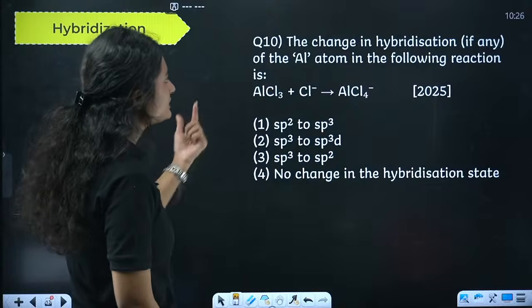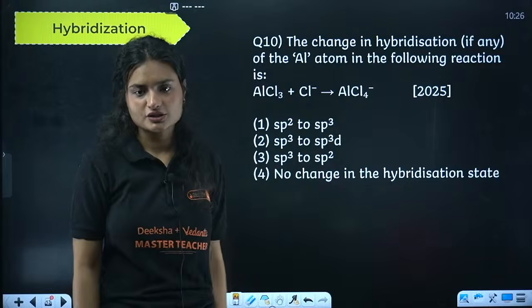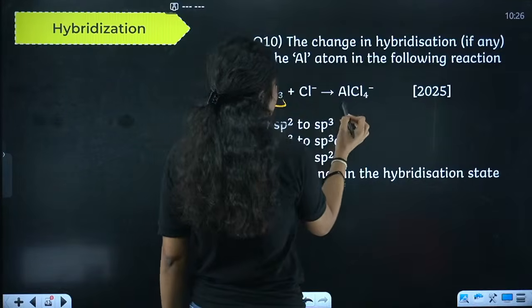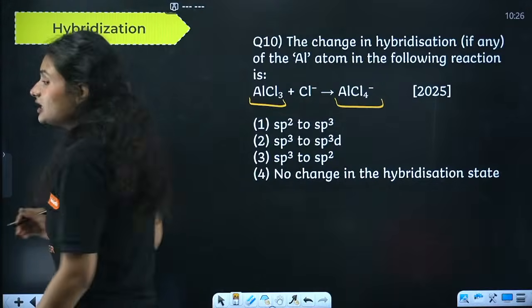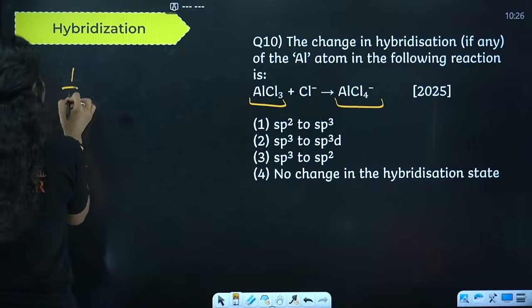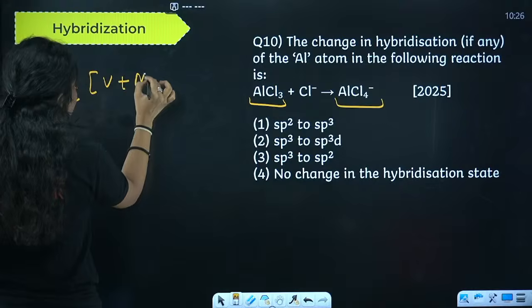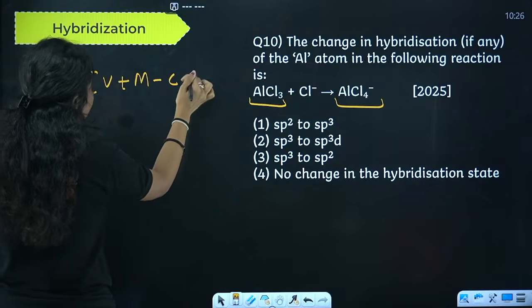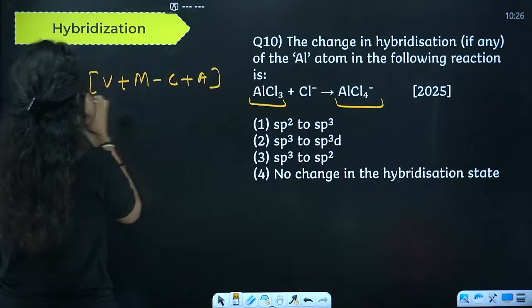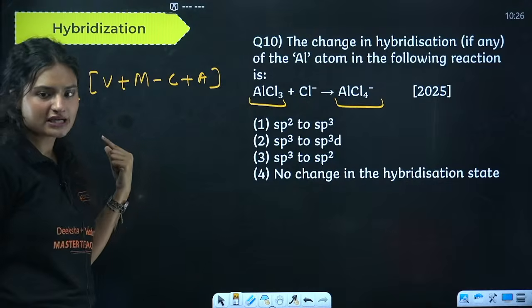Next question, the change in hybridization of the aluminum in the following reaction. So we have AlCl3 and here it is AlCl4 negative. Do you know how to calculate hybridization? Very basic formula: half of the number of valence electrons on that atom plus monovalent atoms minus charge of cation plus charge of anion. This gives us the steric number, and using the steric number we can figure out the hybridization.